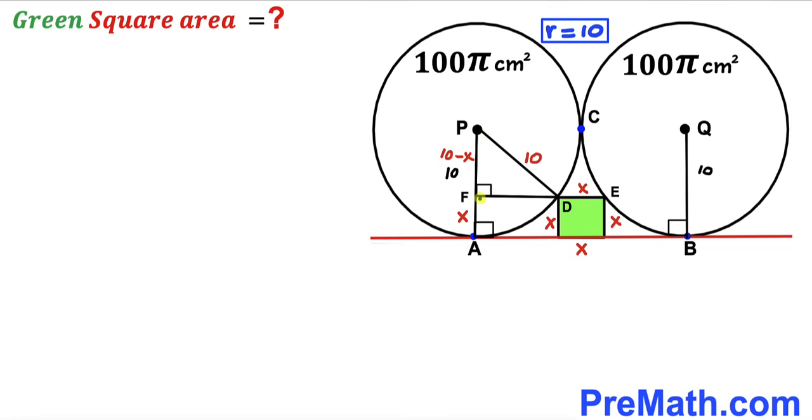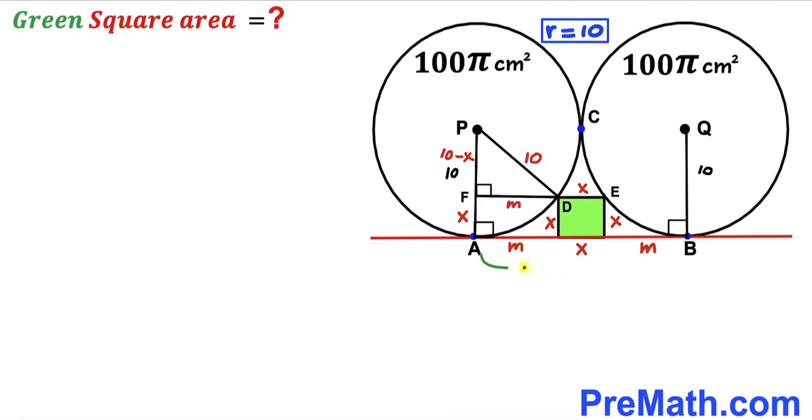I'm going to label this segment FD as lowercase m. Then this segment is also m, and by symmetry, this segment has to be m as well.